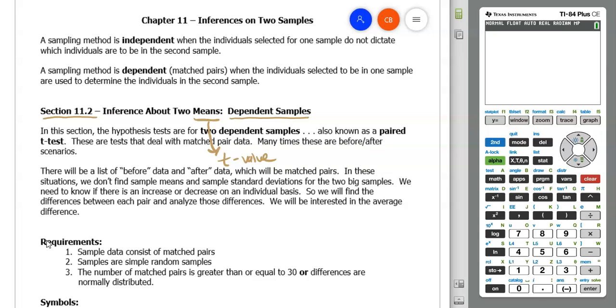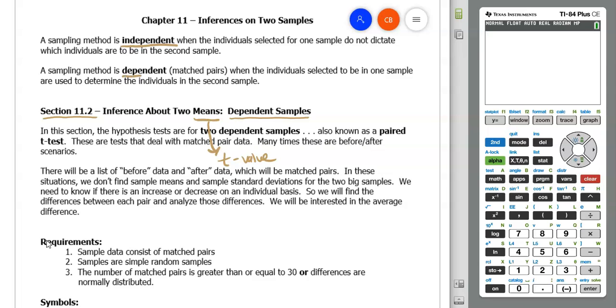Either way, you have statistics from two different samples. Those samples might be independent from each other, meaning the individuals selected for one group have no bearing on and do not affect the samples in the second group.